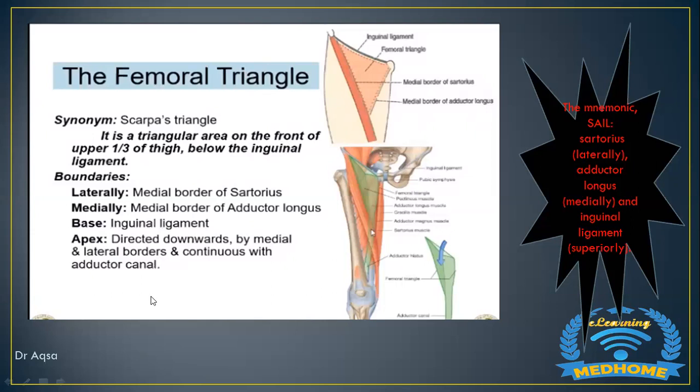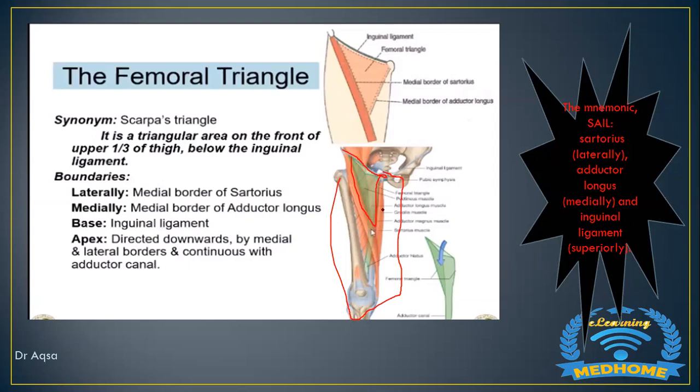If you look here, this is the upper 1/3 of the thigh, and this is the inguinal ligament. The area below the inguinal ligament is known as the femoral triangle.